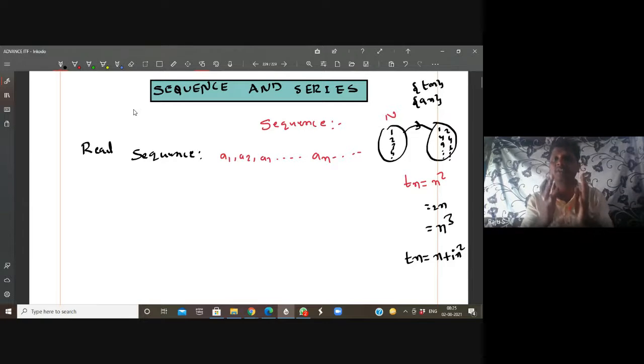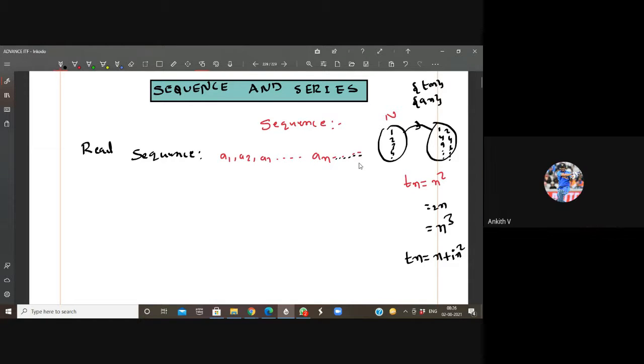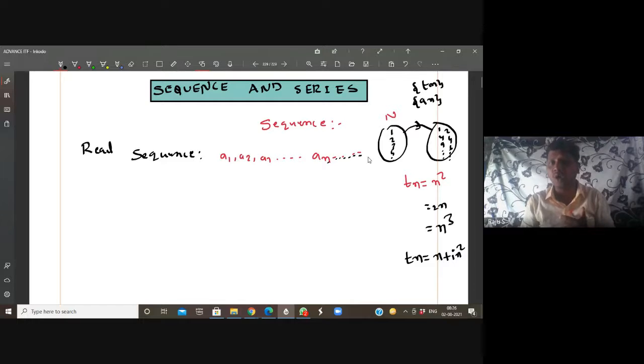A sequence containing a finite number of terms is called a finite sequence. A sequence containing an infinite number of terms is called an infinite sequence. Is this finite or infinite? Infinite, with so on. If I stop at An, then this is called a finite sequence.